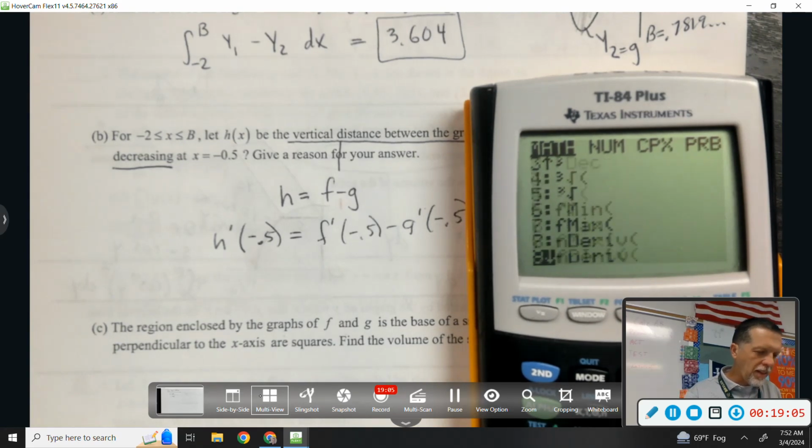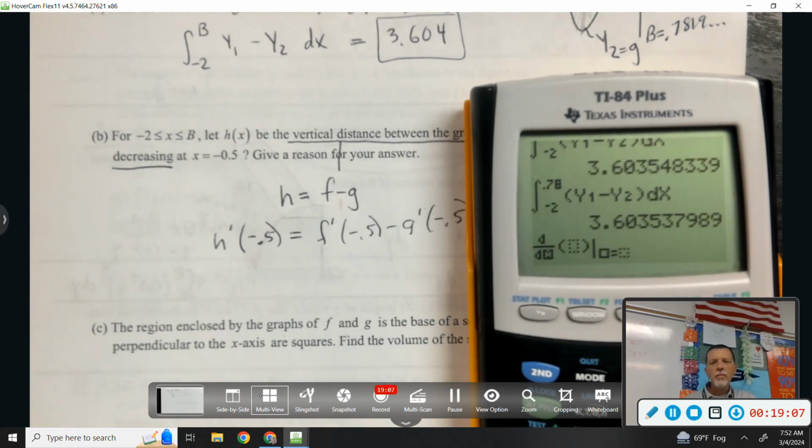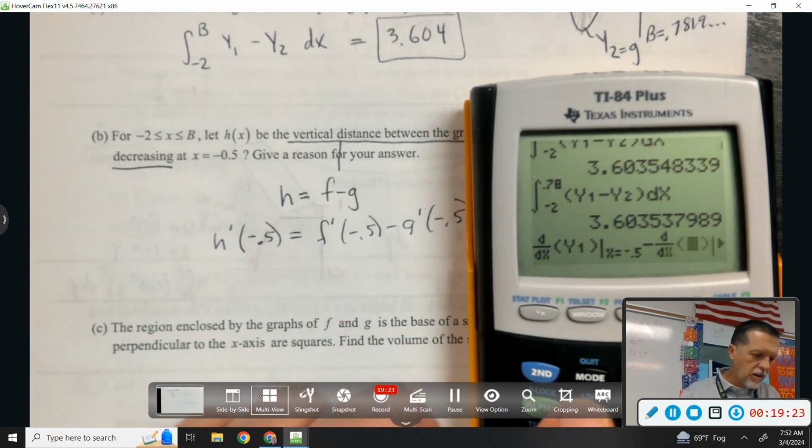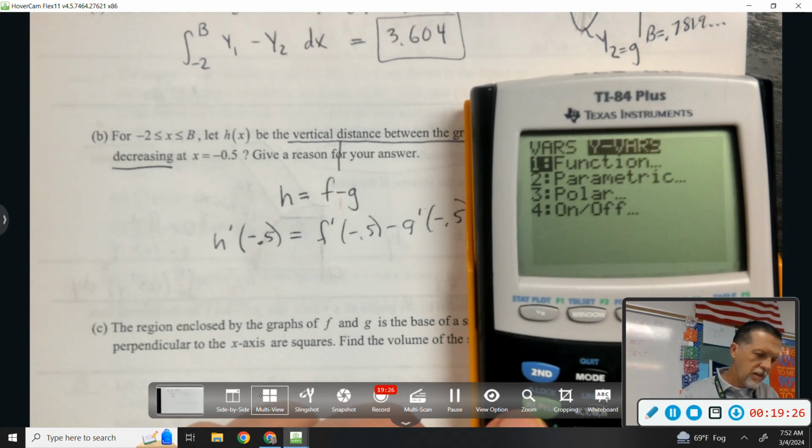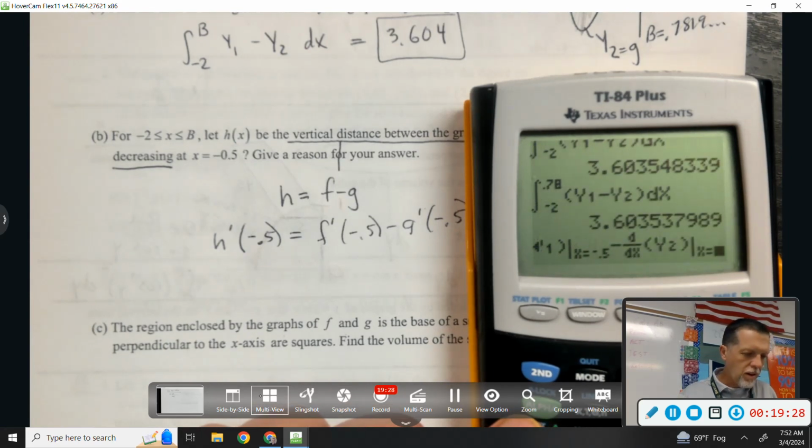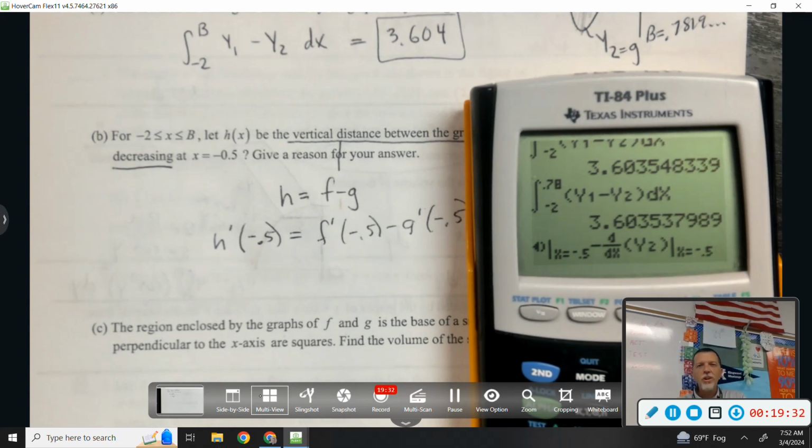Math 9 is the integral. Math 8 is the derivative. So the derivative of y1 at -0.5, whoops, minus math 8, the derivative of y2 at -0.5. Okay, so your calculator can do all that stuff.